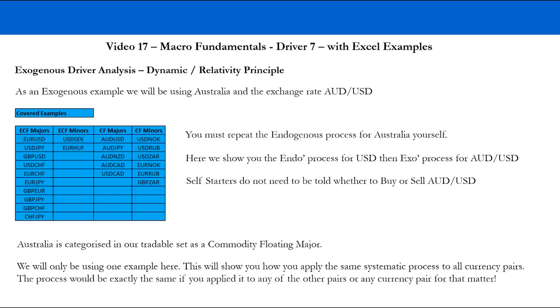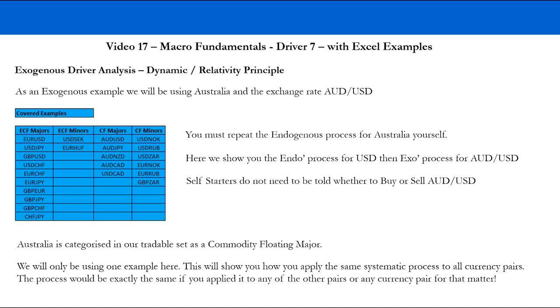Here, what we've done is shown you the endogenous process for the US dollar, so you get an example of how the endogenous process is applied. Then we're showing you the exogenous process for the Aussie dollar, US dollar exchange rate. And self-starters basically do not need to be told whether to buy or sell the Aussie dollar. You should be looking at this and applying the principles of the self-starter mentality that we've talked about in the past.